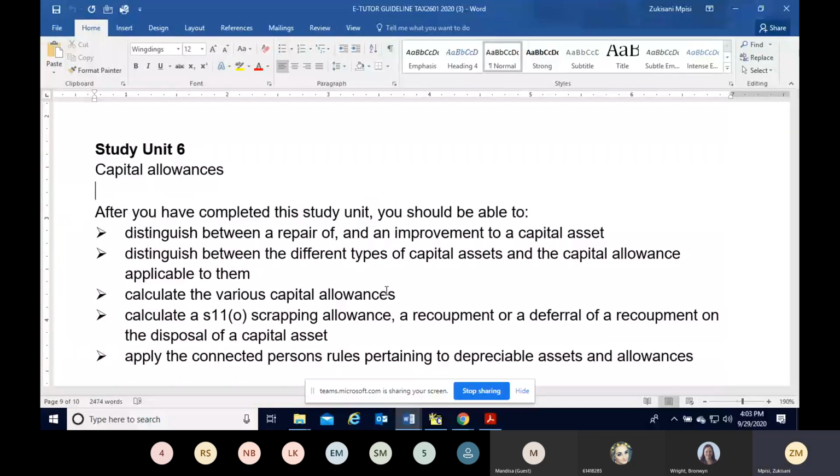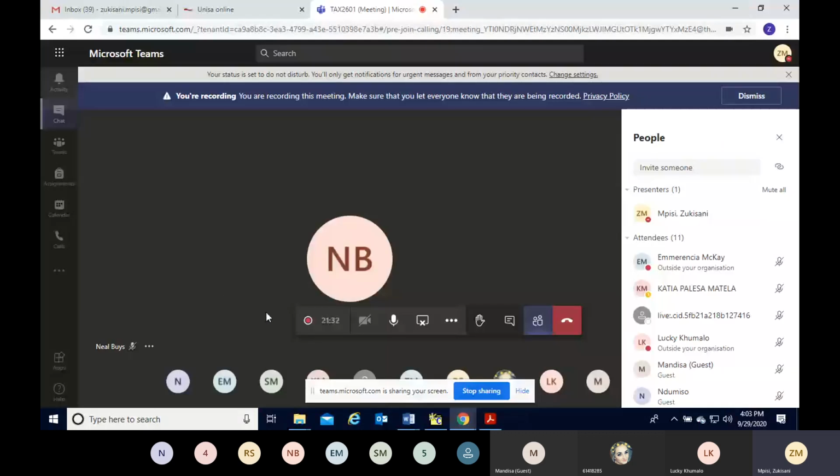It is being able to distinguish between a repair and an improvement to a capital asset, distinguish between the different types of capital assets and the capital allowance applicable to them, calculate various capital allowances, calculate the scrapping allowance, the recoupment, and the deferral of a recoupment on the disposal of a capital asset, and apply connected persons rules pertaining to depreciable assets and allowances. So that is what we are going to try to cover tonight.